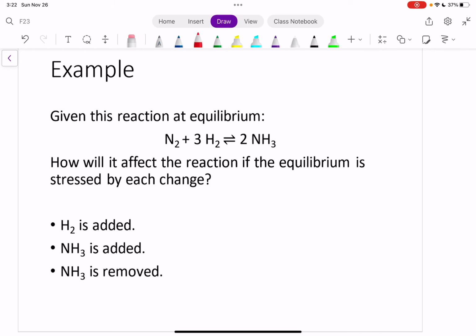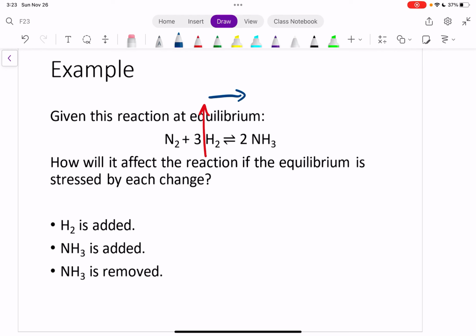So say we add more H2. We increase the concentration of H2. We add more of this thing. Now, what's going to happen if we add more of this? There's going to be more H2 to react with N2, and we're going to end up making more of our products.